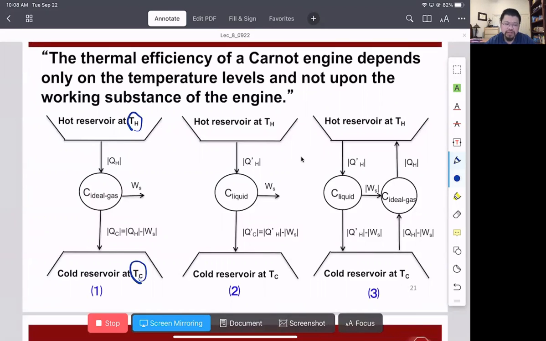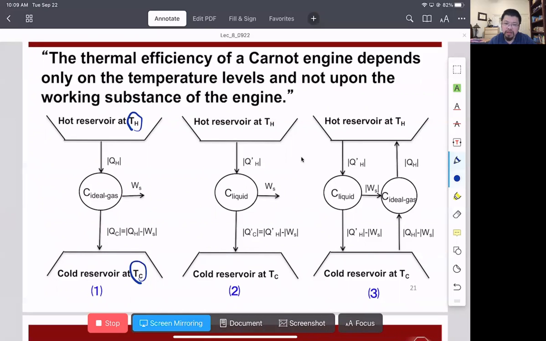Do we have to stick with water, with steam, or can we use, for example, CO2 as a fluid in the Carnot engine?